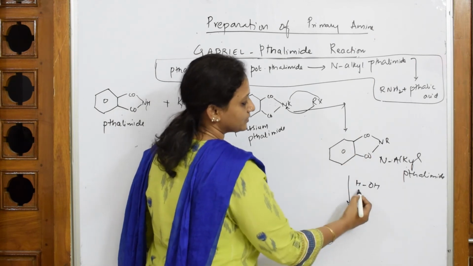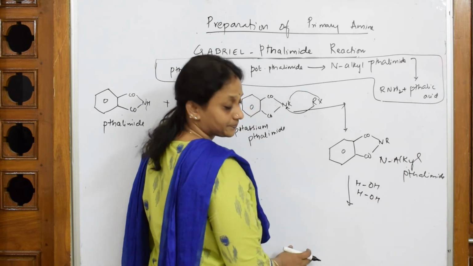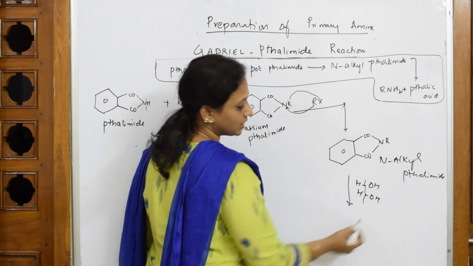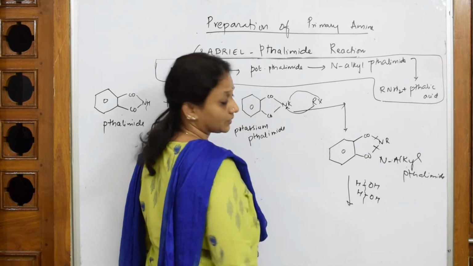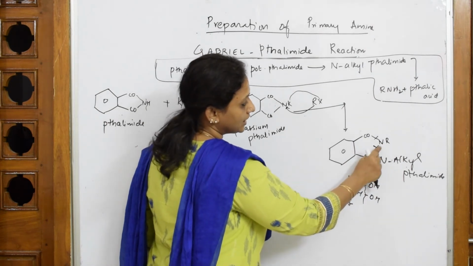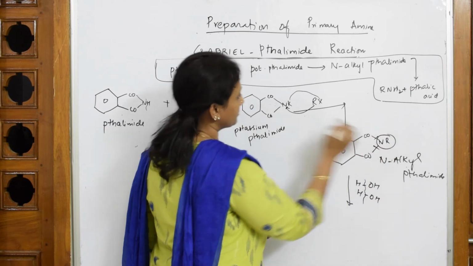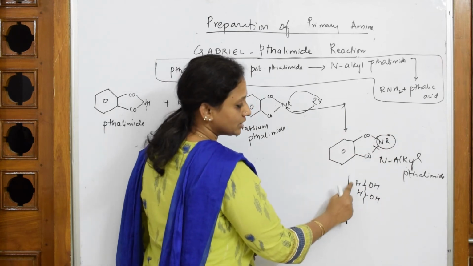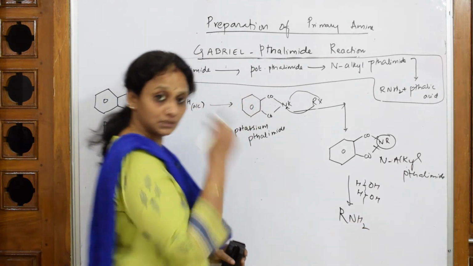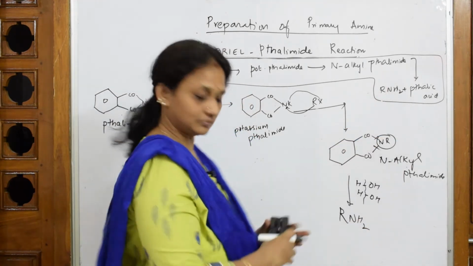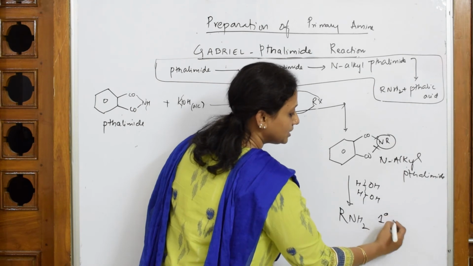If I'm taking 2 moles of water like this, there is a cleavage of the bond here and here. Your RN, which is formed from the alkyl group, will come out with these two hydrogens forming RNH2. Have we not prepared primary amine? Yes, we have prepared primary amine.